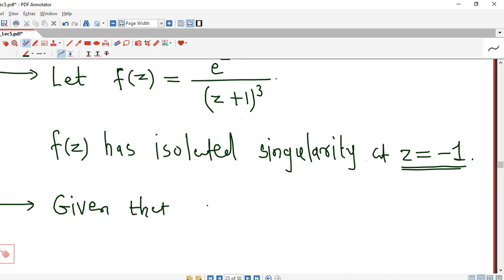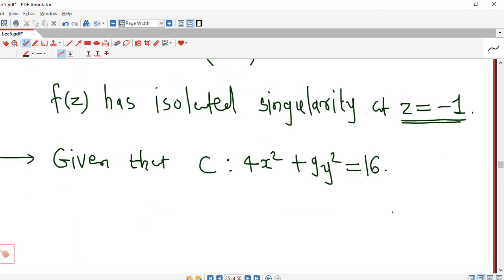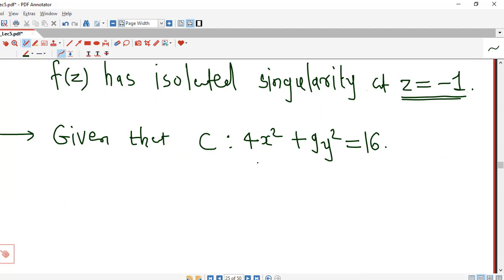The given curve is the ellipse which is given by 4x square plus 9y square equal to 16. So without sketching the ellipse we can decide whether z equal to minus 1 is inside the ellipse or not.